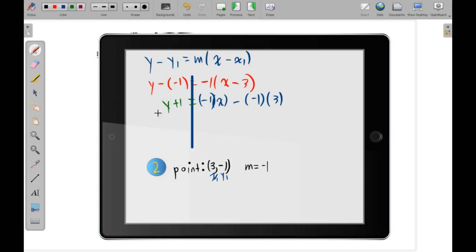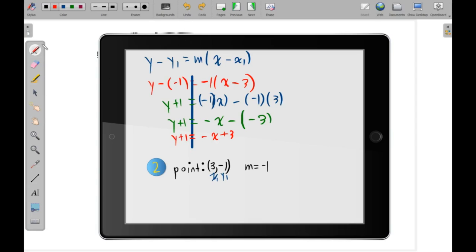So let's go ahead and simplify the stuff on the right to get y plus 1 is equal to negative 1 times x, that's negative x, minus, parentheses, don't forget your parentheses because you don't want to make a simple mistake, negative 1 times 3 is negative 3. Okay, so that means that y plus 1 is equal to negative x plus 3. We don't want this plus 1 here.